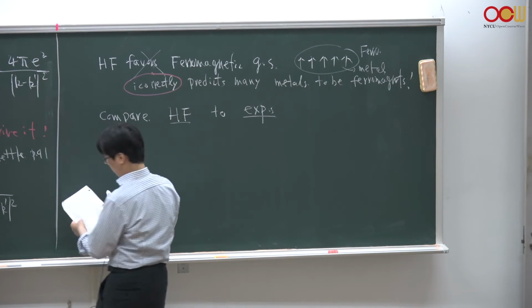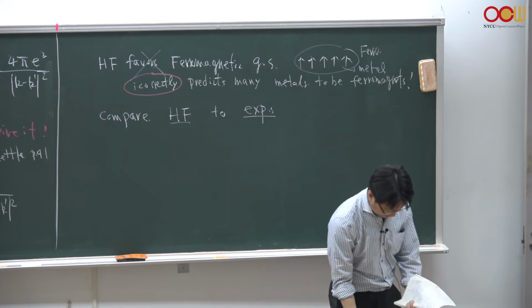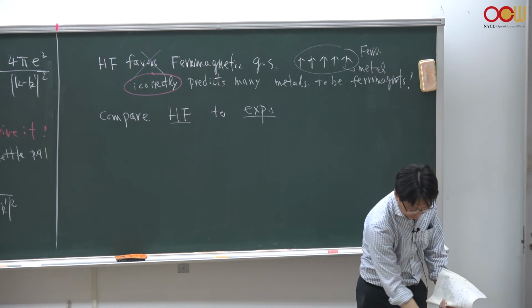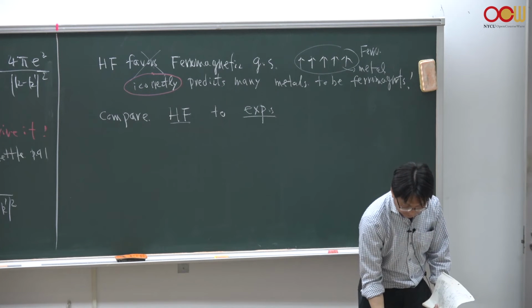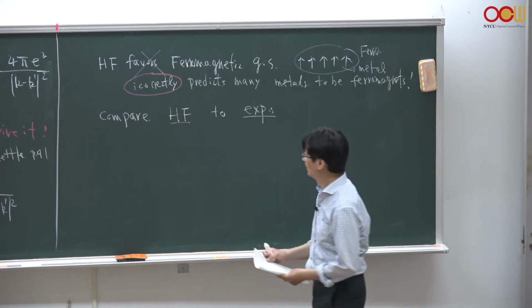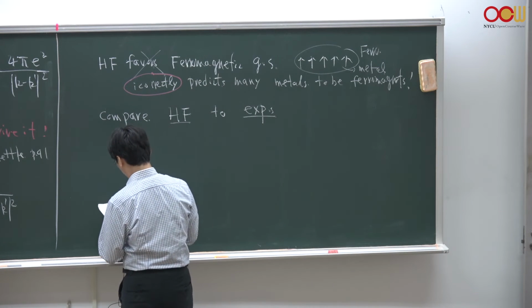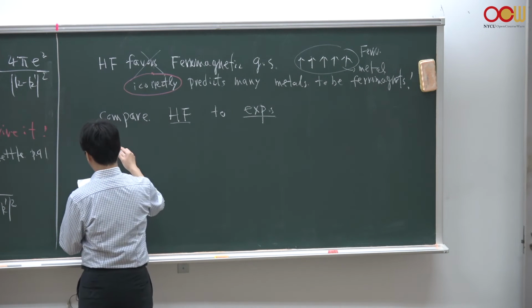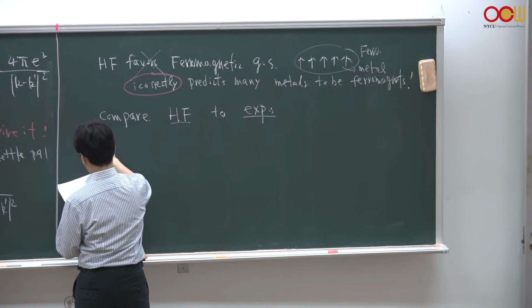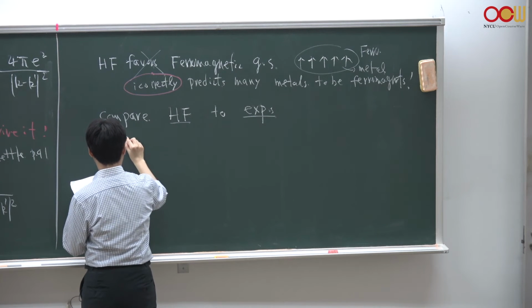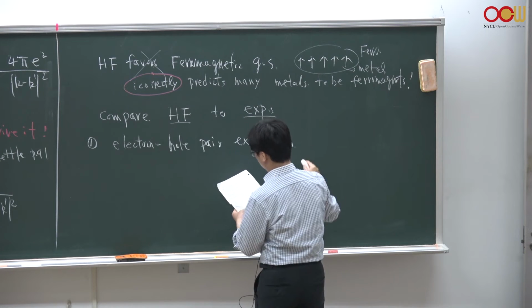There are many things, almost everything that could be measured in the laboratory, and the Hartree-Fock theory fails to actually account for almost all the observables that we know. So let's check the first property, the so-called electron-hole pair excitation or elementary excitations.